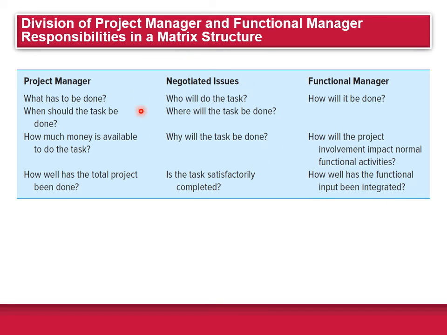And there are some issues that have to be negotiated between the project manager and the functional manager. Who will do the task? Where will the task be done? What will the task be done? Is this task satisfactorily completed? So there's a lot of dialogue and exchange between the project manager and the typical functional manager.